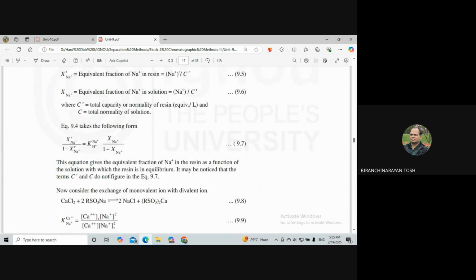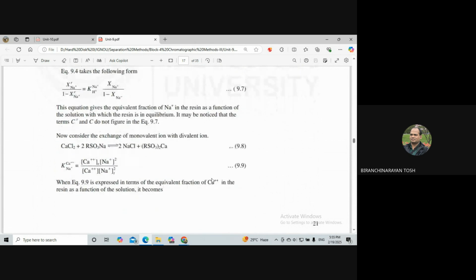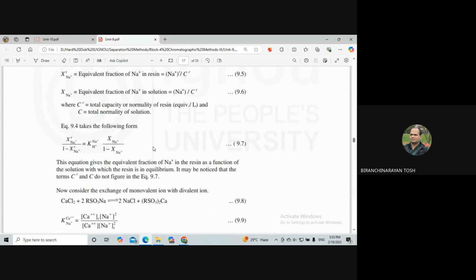This equation gives the equivalent fraction of Na+ in the resin as a function of the solution with which the resin is in equilibrium. It may be noticed that the terms Cr and C do not figure in the equation. So the concentration, the total capacity or normality of the resin, has no role here.